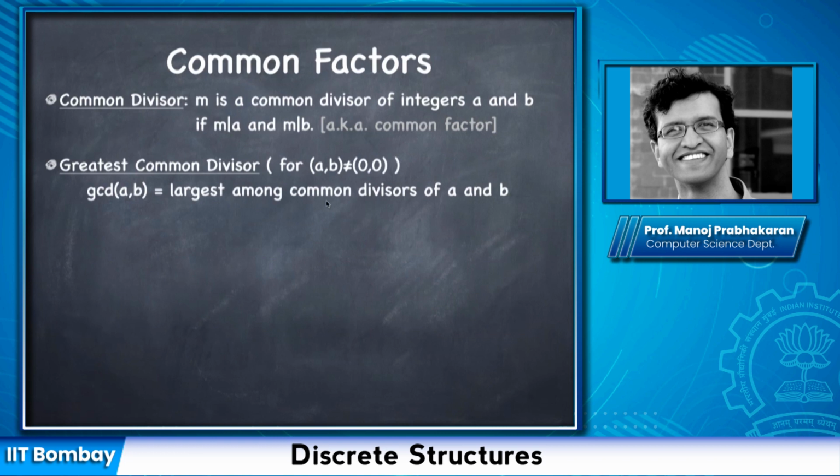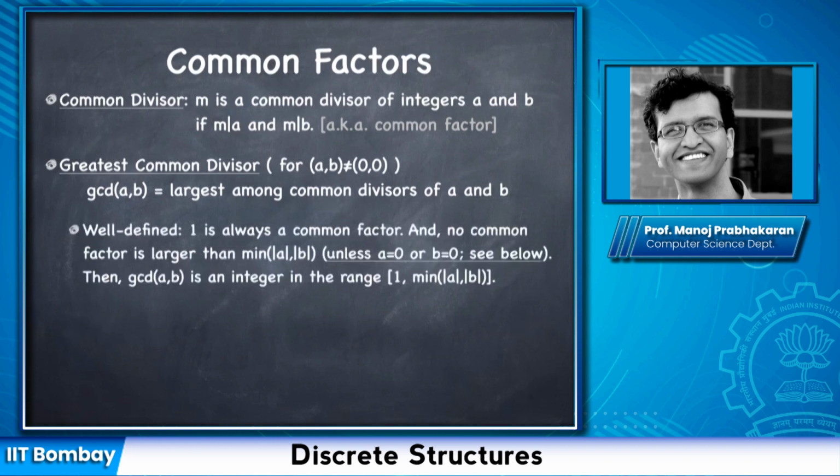So for every element in the set, there could be a larger element. Okay. Thankfully, the GCD definition doesn't have any of these problems. The set we are talking about, the common divisors of a and b, is a finite set, and it's not empty.